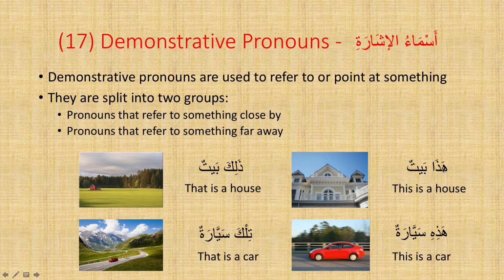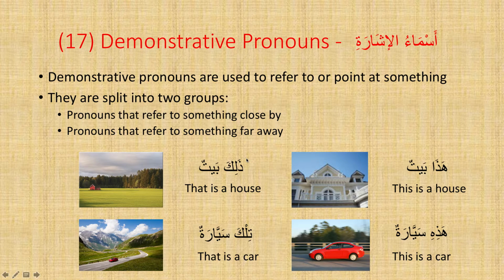The demonstrative pronoun, ismul ishara, is هذا, and it is used to refer to something close by. هذه سيارة, this is a car. هذه is the demonstrative pronoun here, and it is the female version of هذا. You'd use هذه when you are pointing or referring to something which is feminine, such as سيارة.